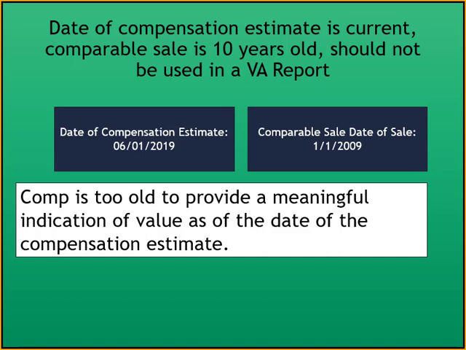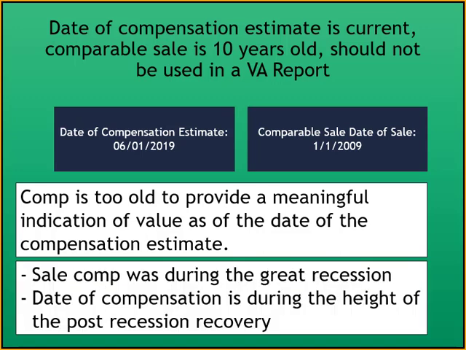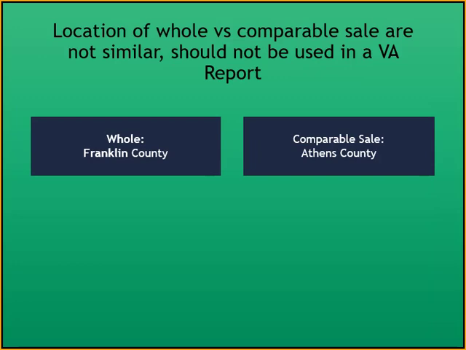The comp is too old to provide a meaningful indication of value as of the date of the compensation estimate. The sale comp was during the last Great Recession. The date of compensation is during the height of the post-recession recovery. Different marketplaces.